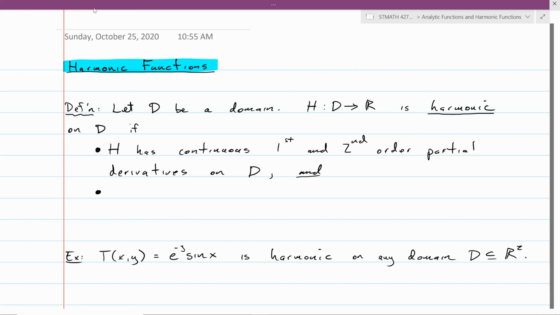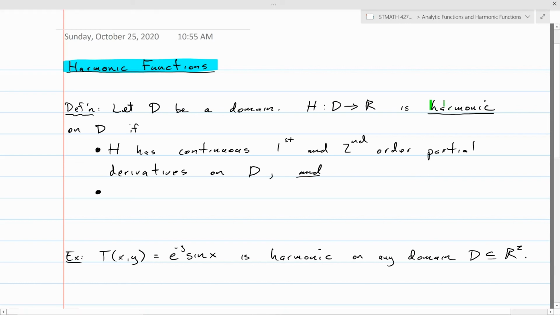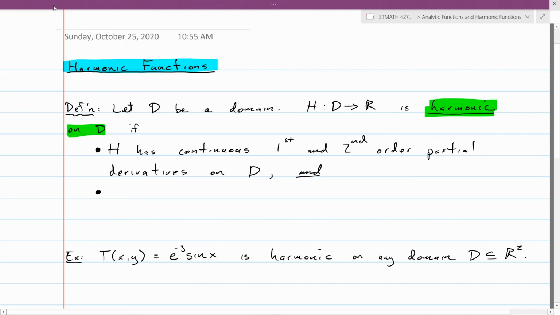And if we have a real valued function, h, from D to R, so this would be like some function you would have seen in multivariate calculus, a function that takes two real parameters and gives a real output. So we'd say a function like that is harmonic on D if, one, its first and second order partial derivatives exist on D and they're continuous. And a certain equation is satisfied. It's called Laplace's equation.